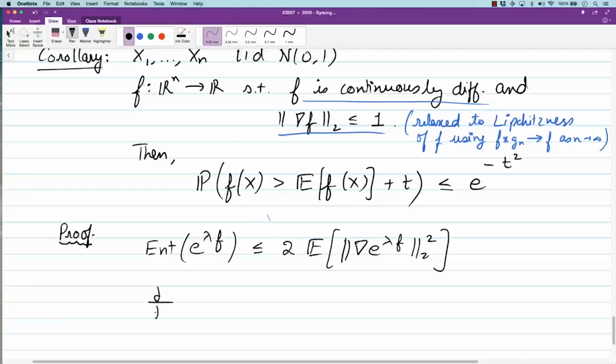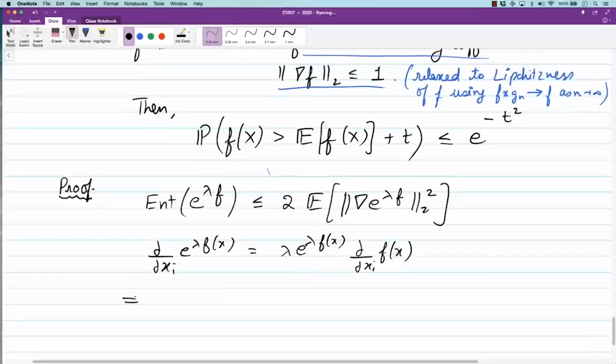So what is the derivative of e to the power lambda f(x)? That's lambda e to the power lambda f(x) times the gradient of f, right? So what we notice is that the norm squared of the gradient of e to the power lambda f is equal to lambda squared e to the power lambda f.